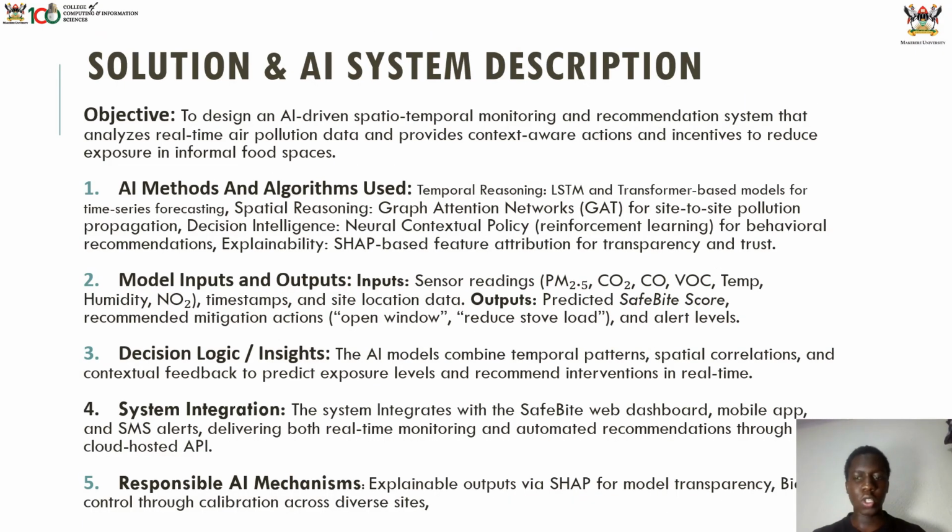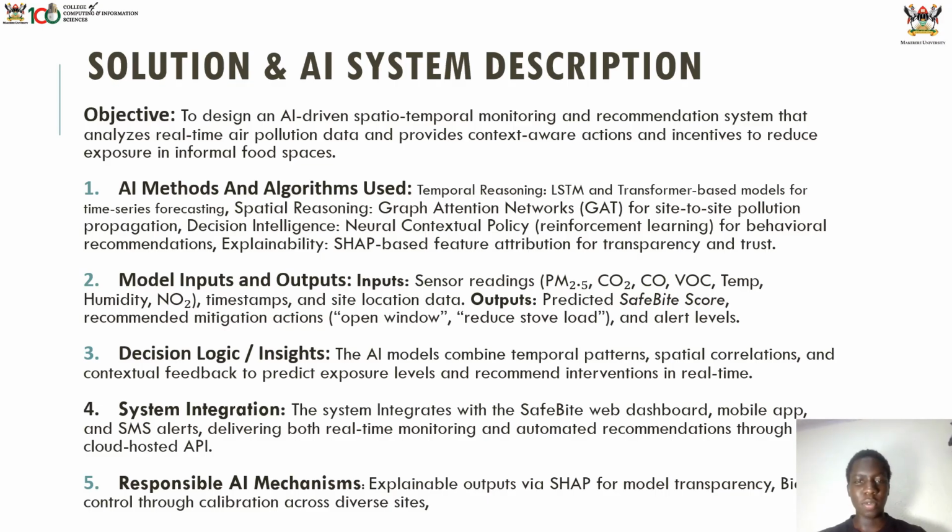So let's talk about the solution and the AI system description. The objective is to design an AI-driven spatial-temporal monitoring and recommendation system that analyzes real-time air pollution data and provides context-aware actions and incentives to reduce exposure in informal food spaces. There were a couple of AI methods and algorithms used in our system.